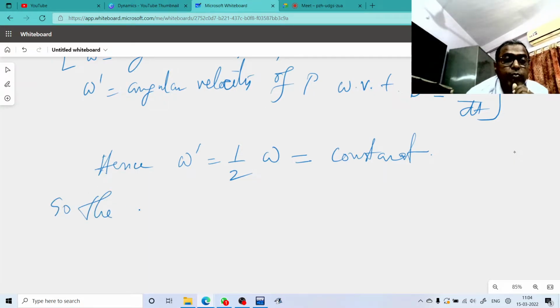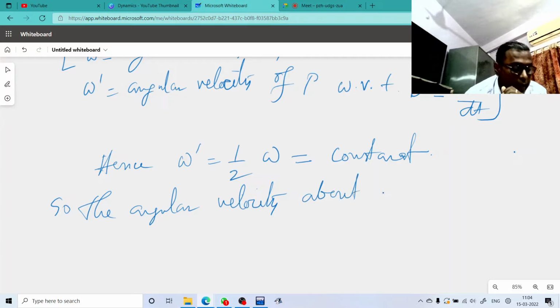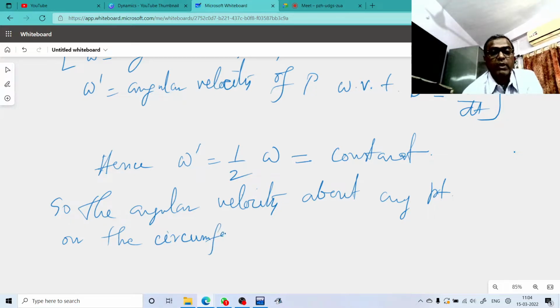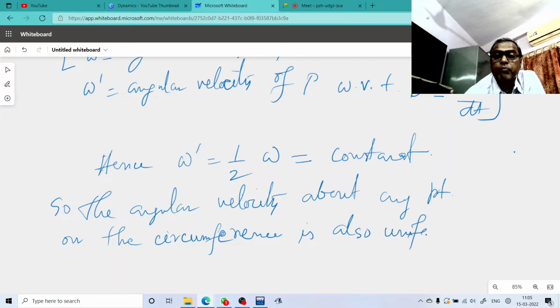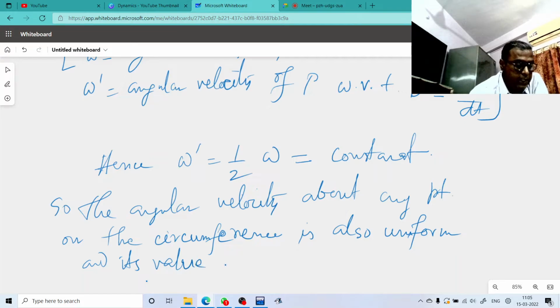So the angular velocity about any point on the circumference is also uniform, and its value is half omega.